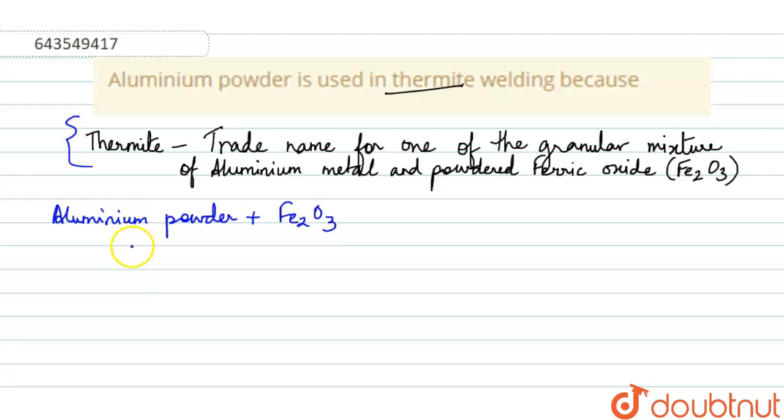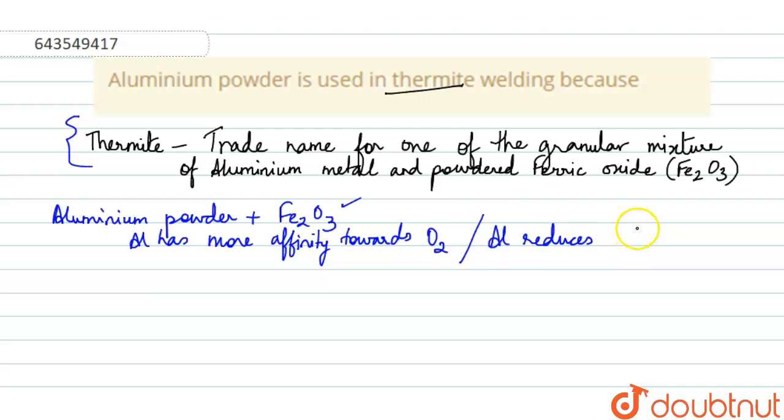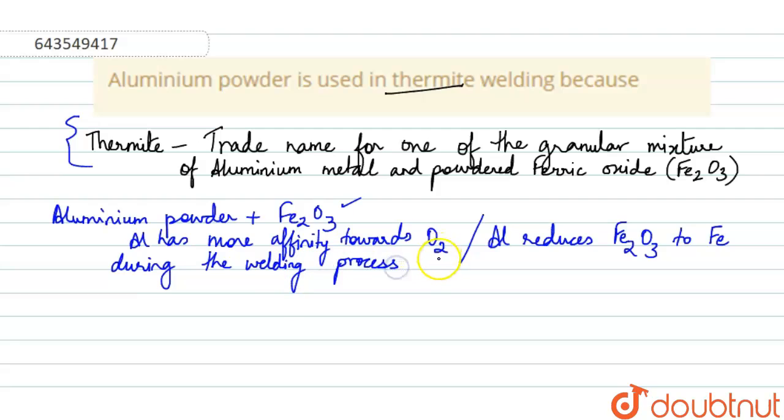Now, since aluminium has more affinity towards oxygen, it displaces the iron from its oxide, or we can say it reduces Fe2O3 to iron during the melting process or welding process, to be precise, and also produces heat.